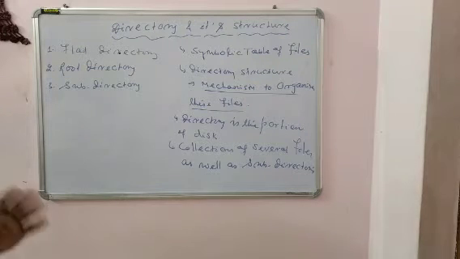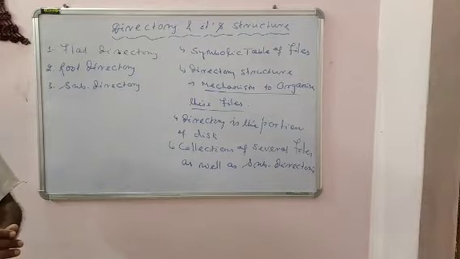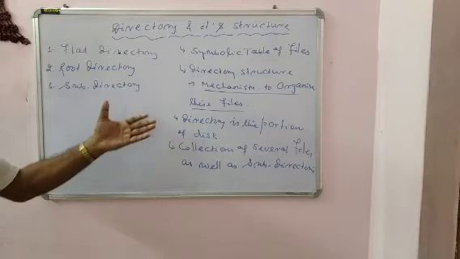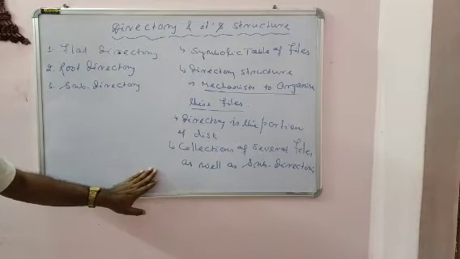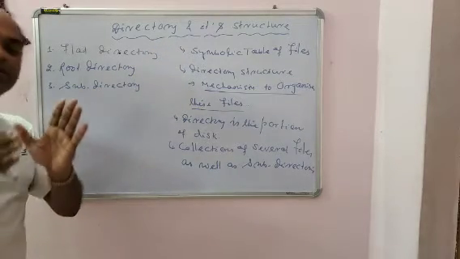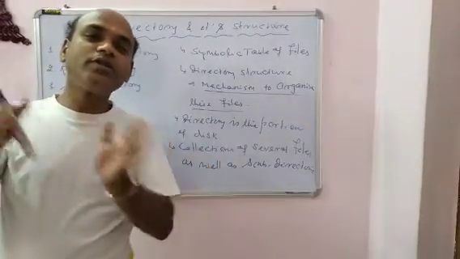The file system of a computer can be executed due to these directories. The file system is contained by these directories, meaning a directory contains real files. In the file system, files are stored in a directory, and these directories are stored in the disk.